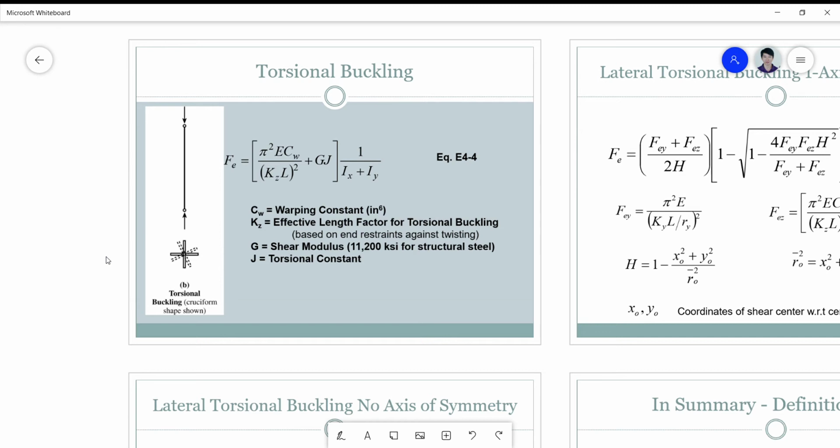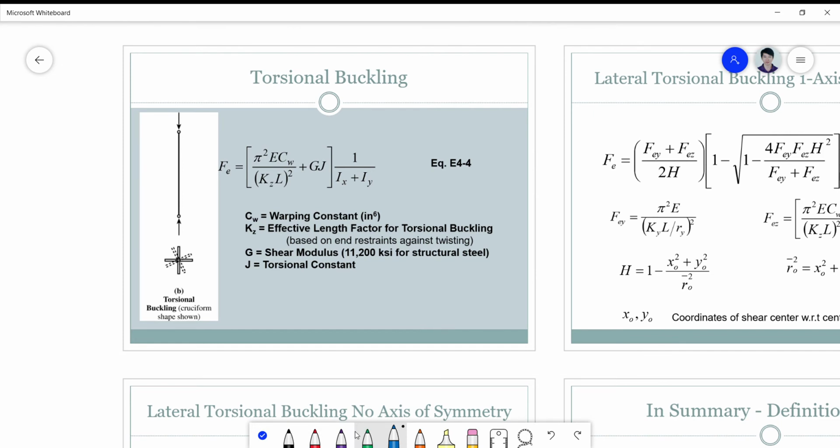So for torsional buckling, the Saint Venant torsion becomes the basis for the formula for the Euler critical buckling stress, which is this one here. If you look at this, this is actually very similar to pi squared E I over KL squared, wherein I becomes your warping constant there.